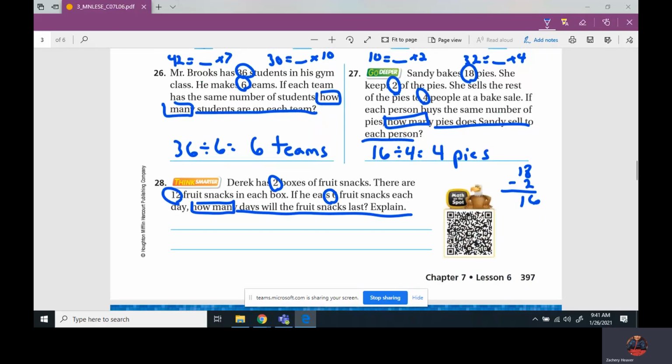So if he has 2 boxes and there's 12 in each box, how many does he have? Jack? And how did you find that? You did 12 and 12, or what else is that? We did 2 times 12. So he has 24 fruit snacks.